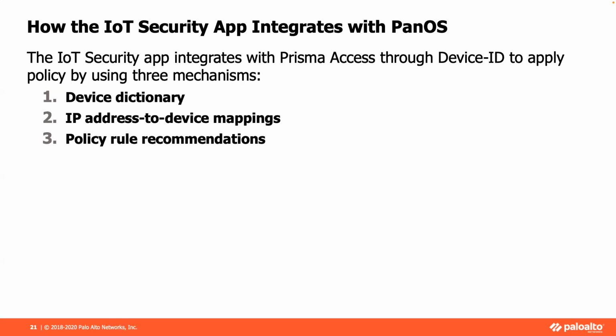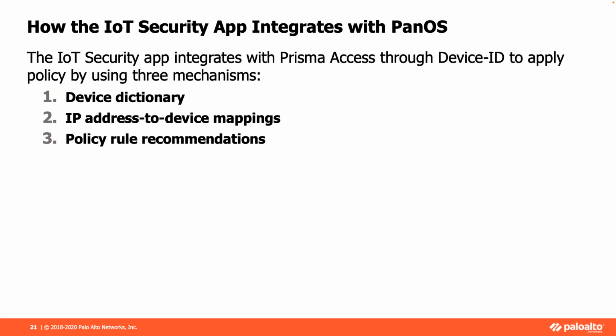So this allows us to do a lot of things, right? We have the ability to understand what the device is. We have a whole list of devices. We can go, oh, this is a camera, this is a doorbell, this is a smart thermostat, and we can define it with our device dictionary. We can also take that DHCP request, map it back to an IP address like we do with user ID, or say, well, Bob has this IP address right now.